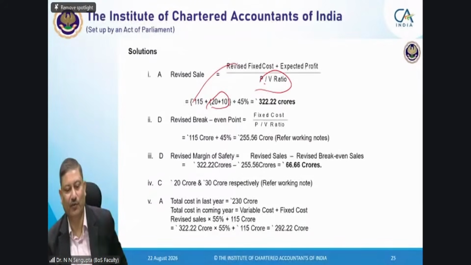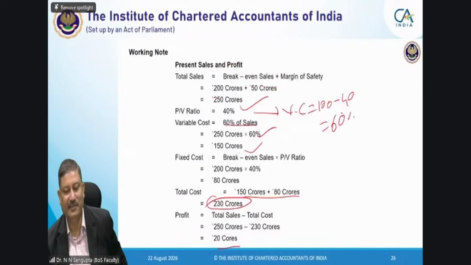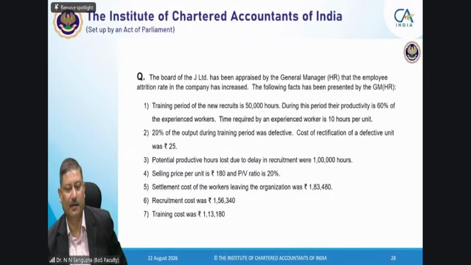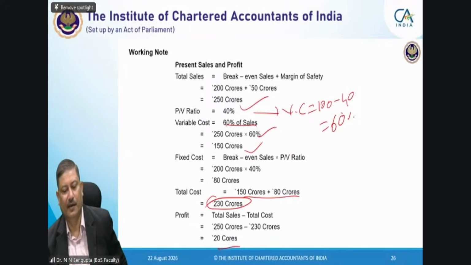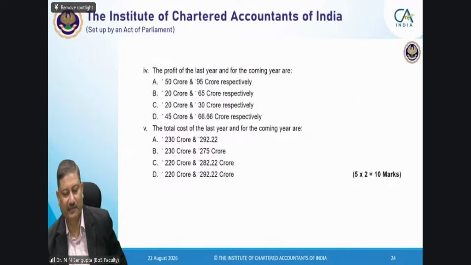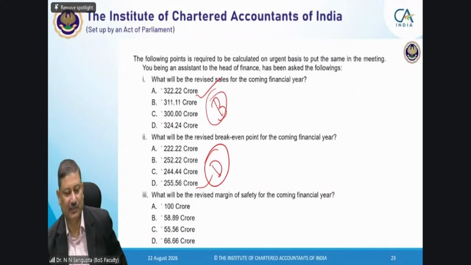So let's go for revised sales, that is already we have calculated, 322.22, and revised break-even sales also we have calculated, 255.56.